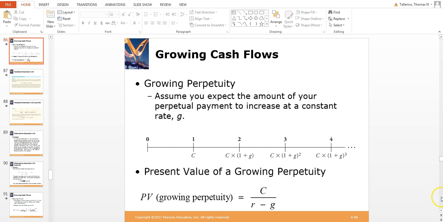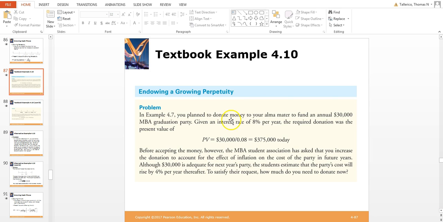Here's an example of a growing perpetuity, and here's the standard equation we originally saw. Here's the standard equation, and the payment would be $30,000 a year at 8%. How much has to be contributed today for it to go on forever?